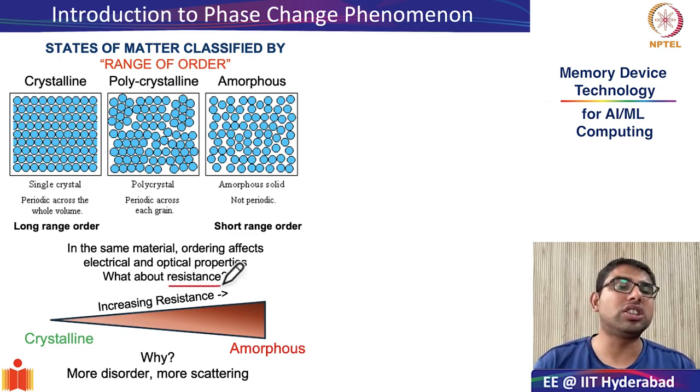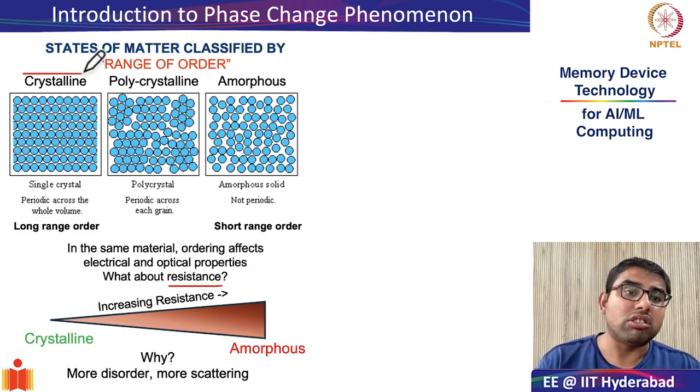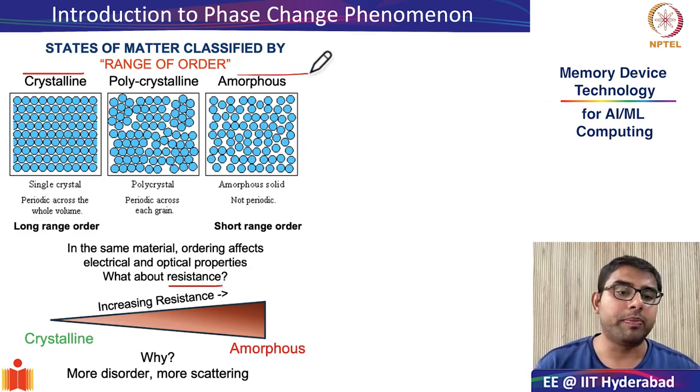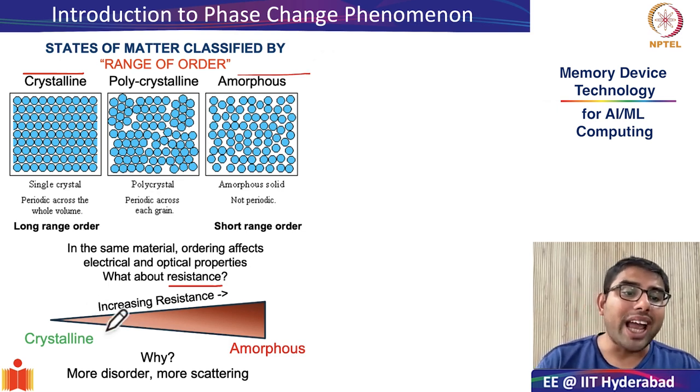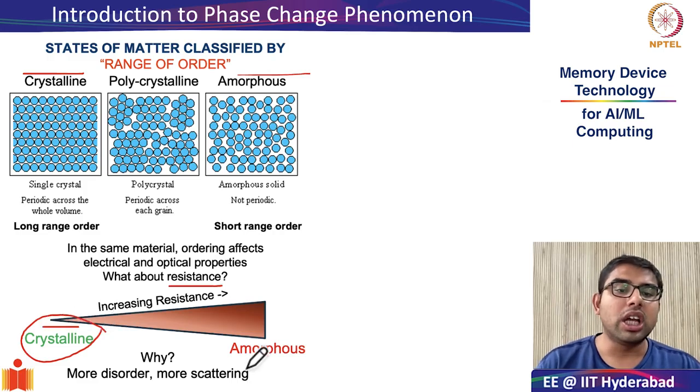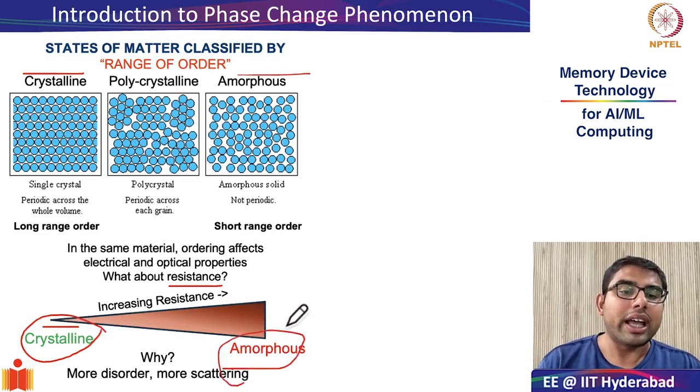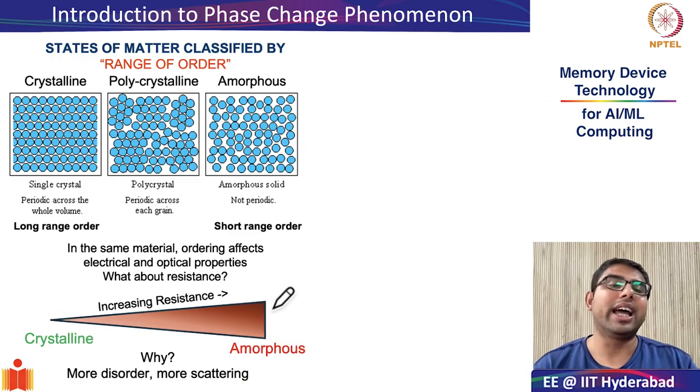How does resistance vary for the same material once it is arranged in crystalline and in amorphous phase? A little bit of understanding of device physics may tell you that while a crystalline material is expected to have low resistance, an amorphous material is expected to have high resistance.